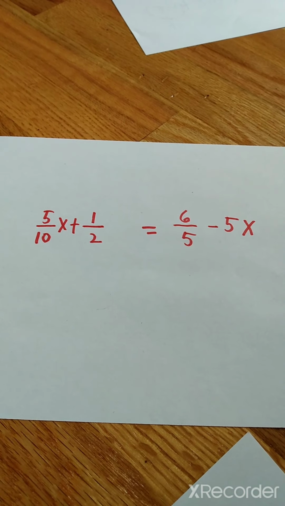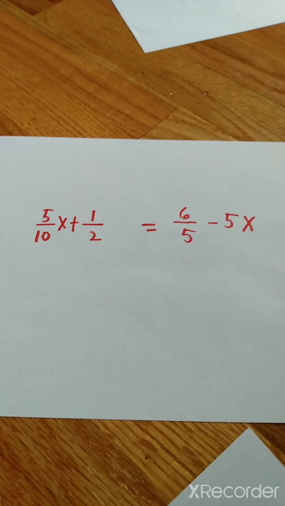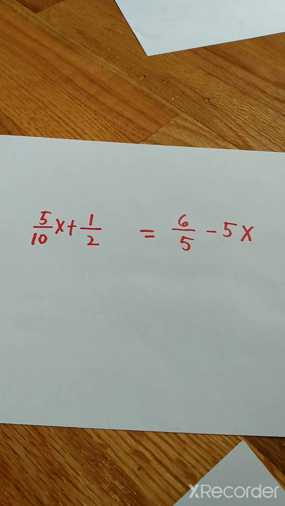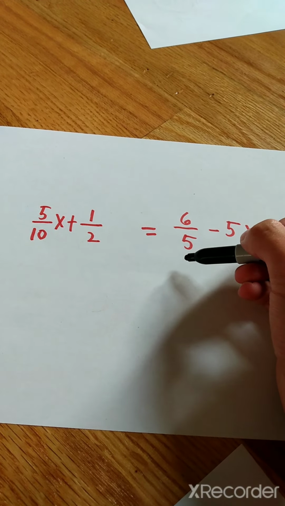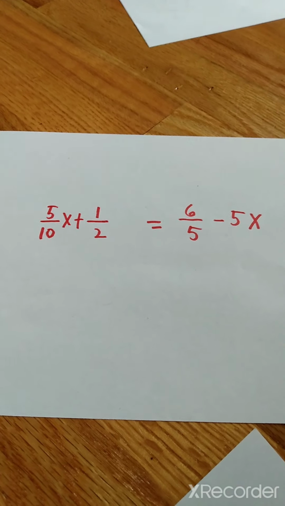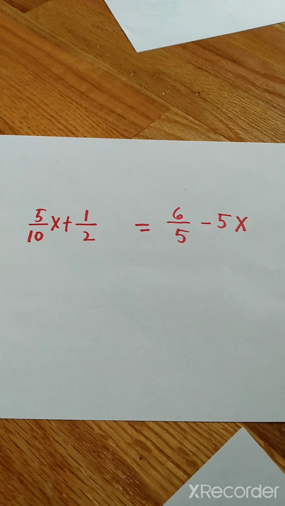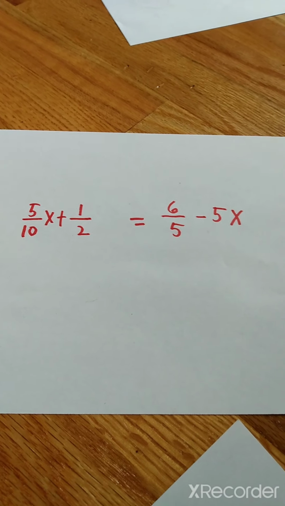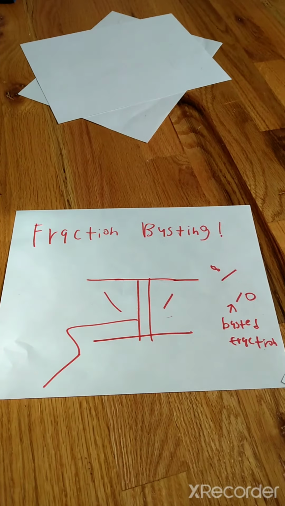That isn't really an easy way to do it, because since you're subtracting it, you'll have to find a common denominator, do a bunch of other steps, but there's actually a shortcut that we're going to be using. And that's called fraction busting.